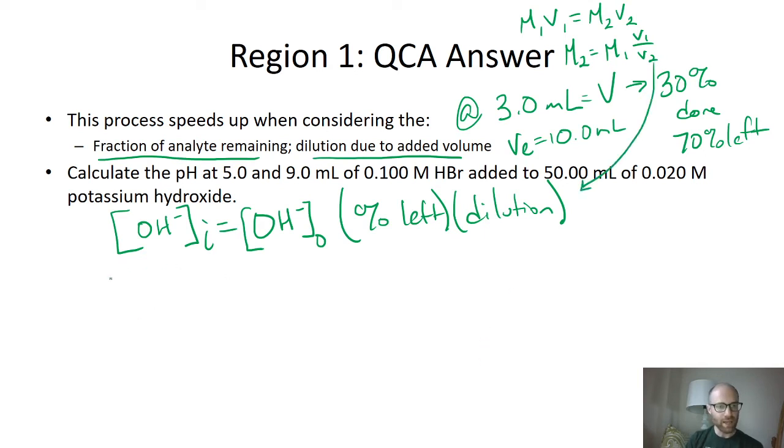So for the OH minus at a volume of 3, it's going to be equal to 0.020 molar times 70%, which I'm going to write down here as 0.7. And then for our dilution factor, we started with 50 milliliters, and our total new volume is 50 plus 3, or 53.